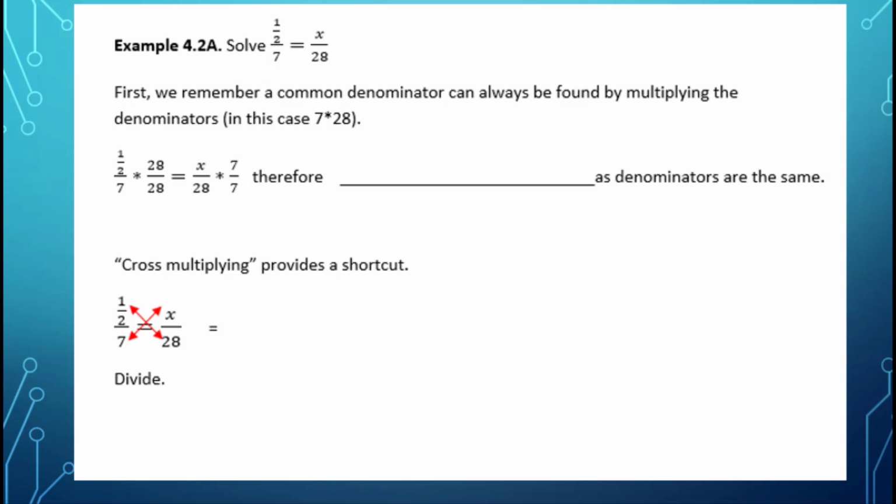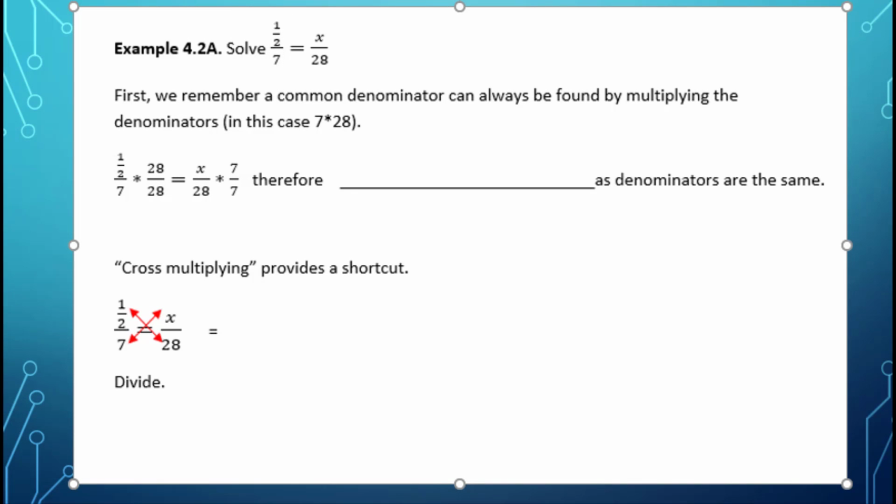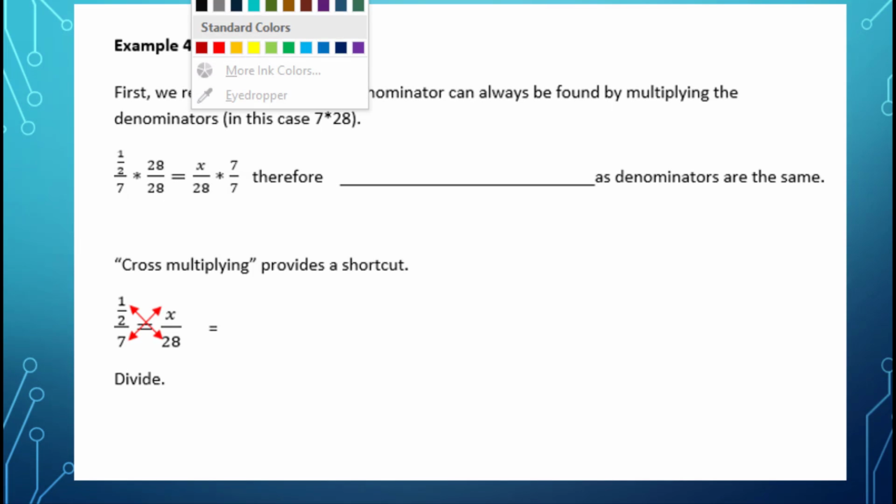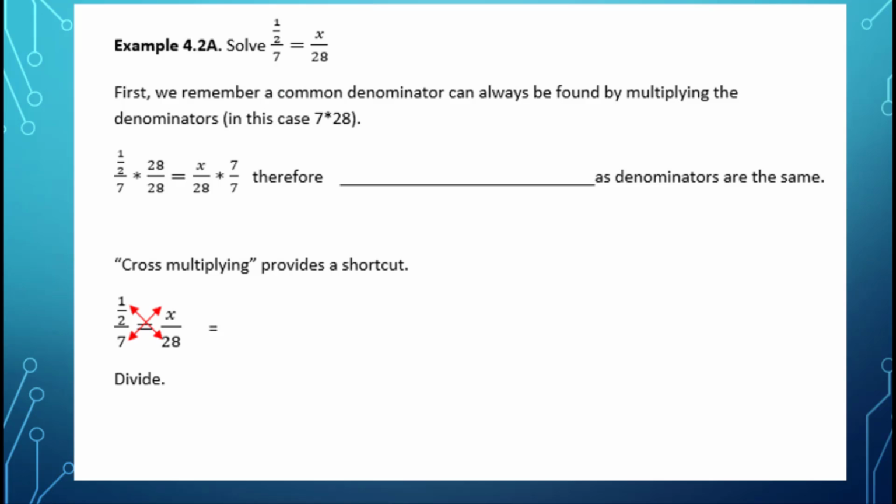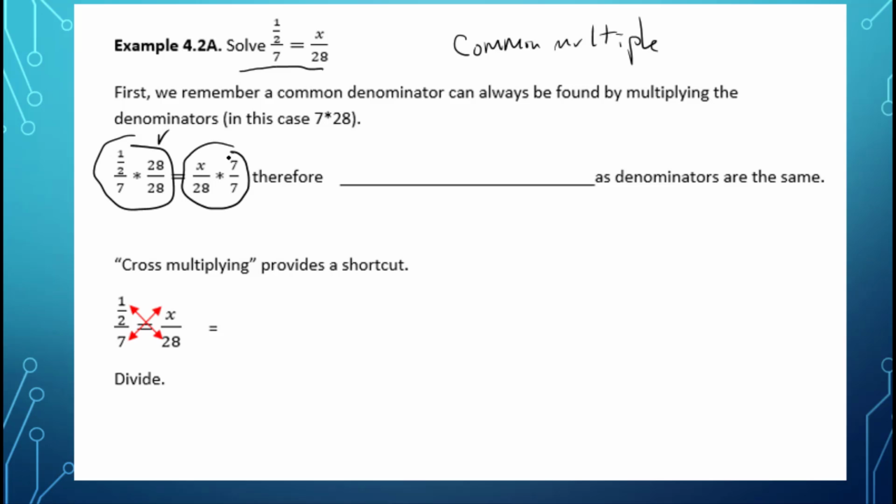So here's the problem we'll want to solve. Let me get the white pen. So we're going to solve this problem here. Recall from earlier that if you multiply the denominators together, you can find a common multiple. So, in other words, if I took the left side of this equation and multiplied it by that form of 1, and I took the right side of the equation and multiplied it by 7 over 7, I would still have an equality, right?